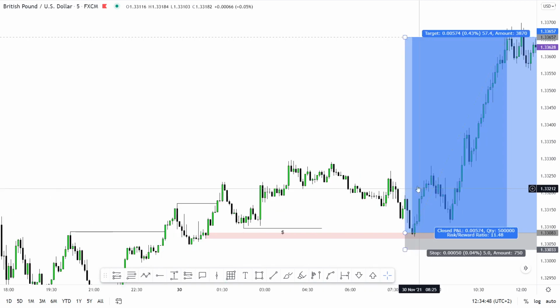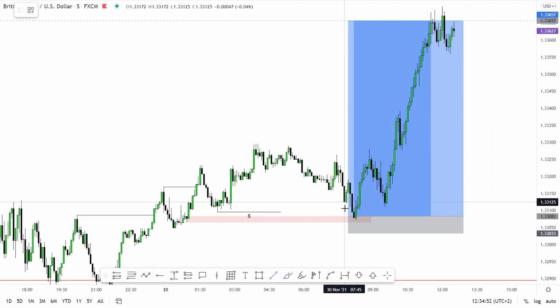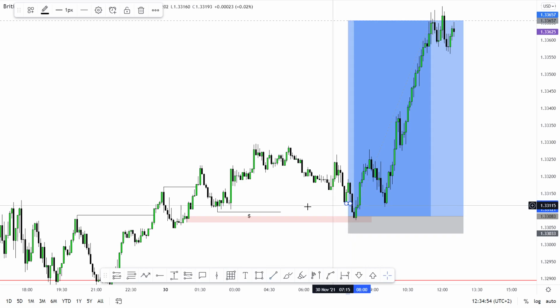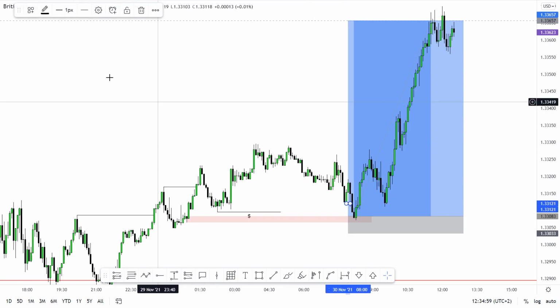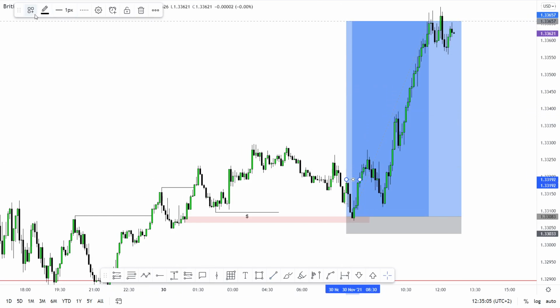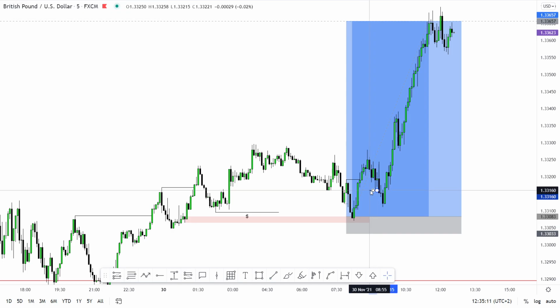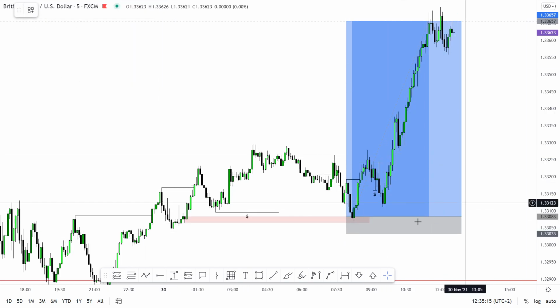So if let's say you missed the trade here, this is how you should look at it. Manipulation here. Manipulation. Break of structure here. Small little inducement right here. It's not really the cleanest, but then yeah. Small little inducement there.